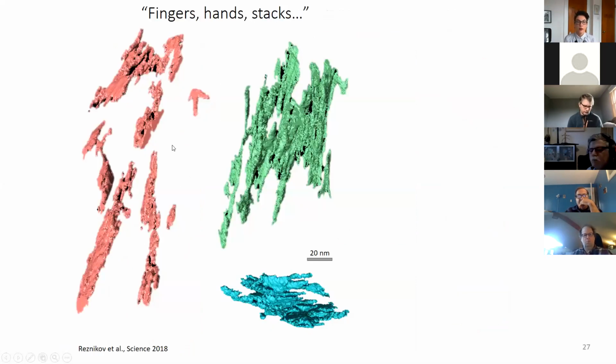Interestingly, at this level of magnification, with the resolution of around 1 nanometer, we can see that mineral particles have their own extent of hierarchical structure. So firstly, they form needle-like crystals, like the fingers of my hand.